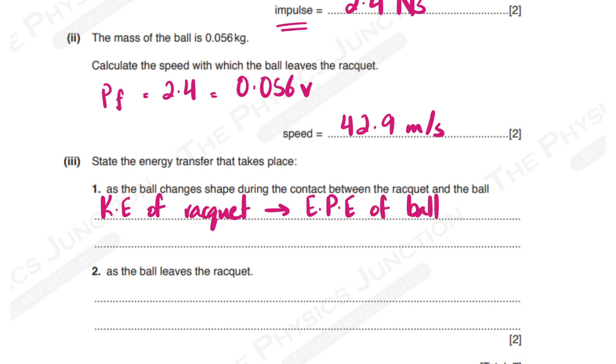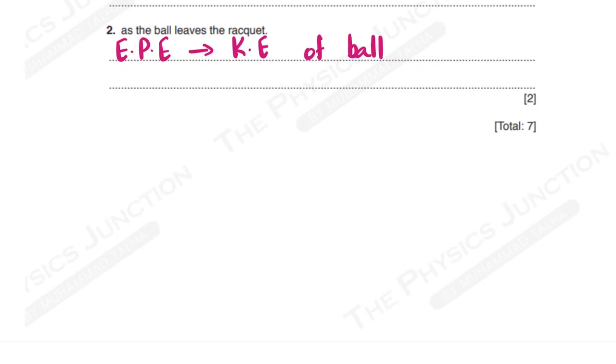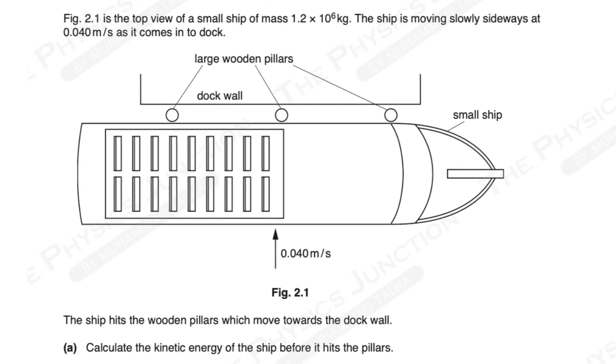And then as the ball leaves the racket, the elastic potential energy of the ball turns into the kinetic energy of the ball, right? Because after it undergoes this change in shape, after that it starts moving. Let's go on to the next question.